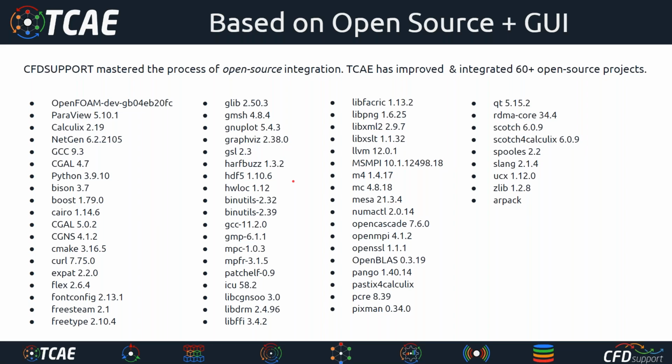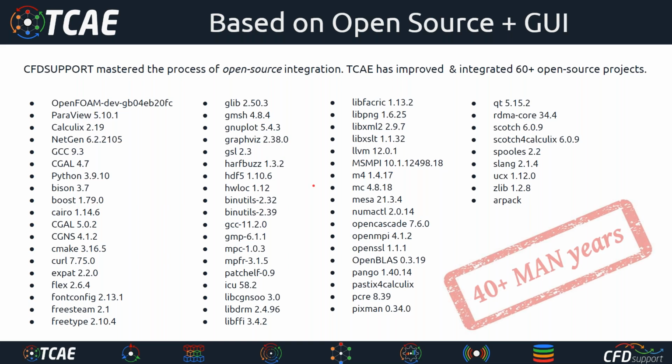Another important thing is that TCAE is based on open source. We started it, and it's completely based on open source. There are more than 60 open source projects in it. And the source code, by the way, developed based on open source, is again open source, and it's shared together with the project. So it's definitely very flexible, and experienced users can change the source code if they like.